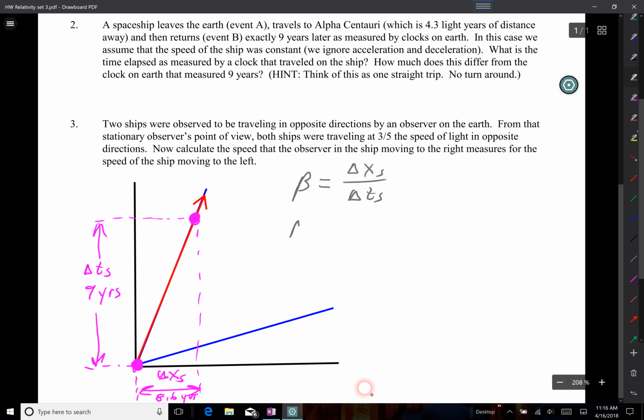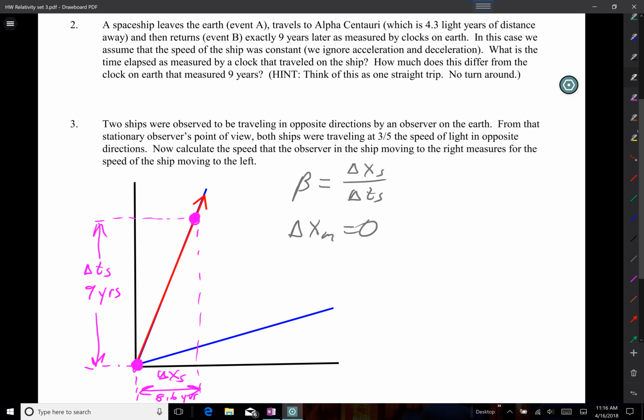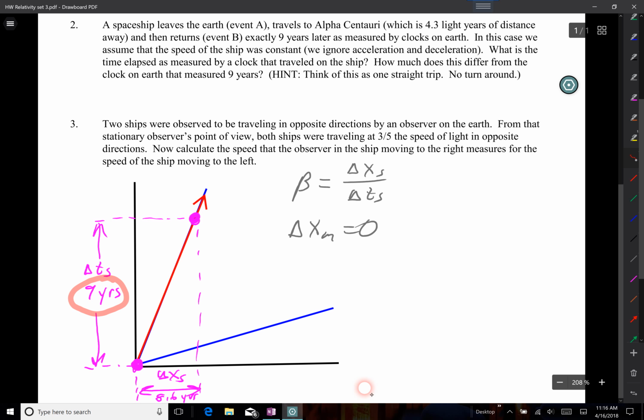Again, the two dots tell me that delta xm equals 0. The astronauts have not traveled anywhere in their own frame of reference, in the spaceship. That should allow you to convert this time here. Let's see, what are we asking now?